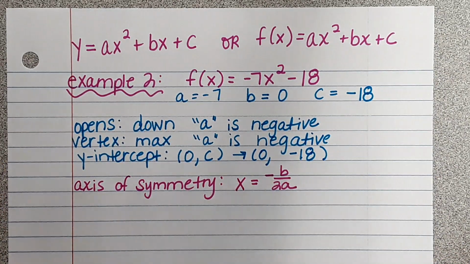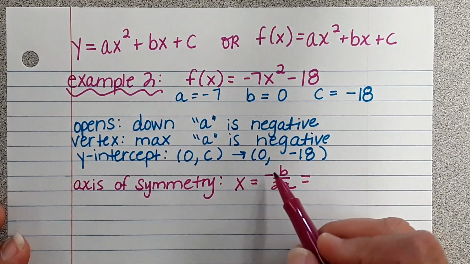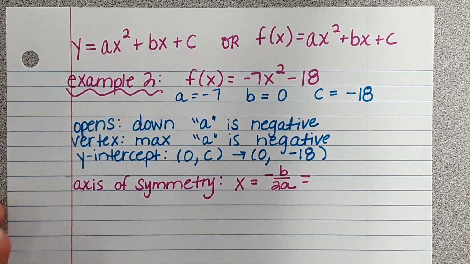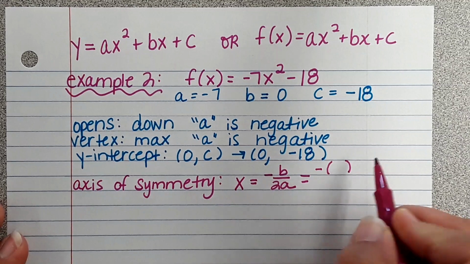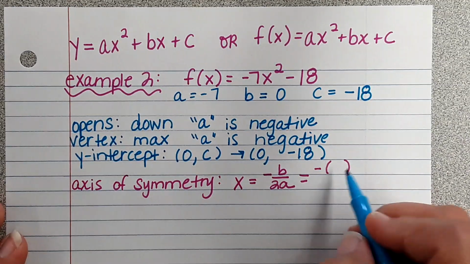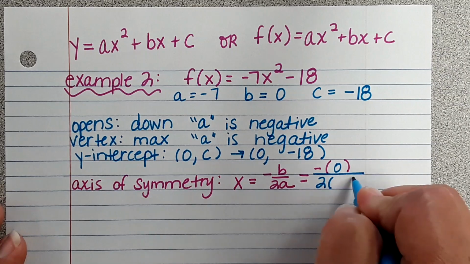That never changes. Please remember that it says the opposite of b. So whatever b is, you take the opposite of it. So what is b? Then on the bottom, it always means 2 times a. And what is a?